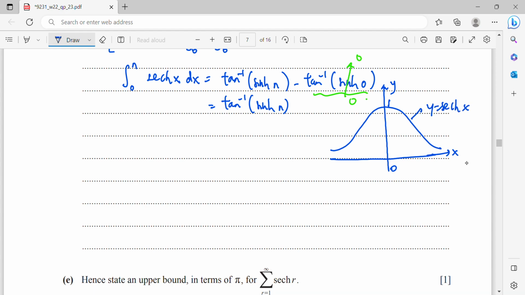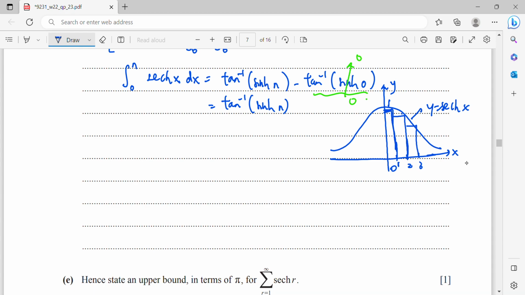Now, I will add the rectangles. Here is rectangle 1, then rectangle 2. Please use a ruler to draw the rectangles. This is 3, so here 1, 2, 3.